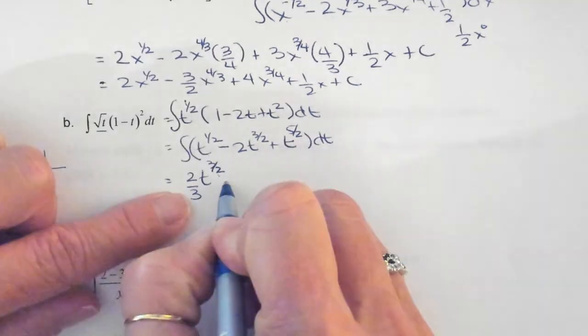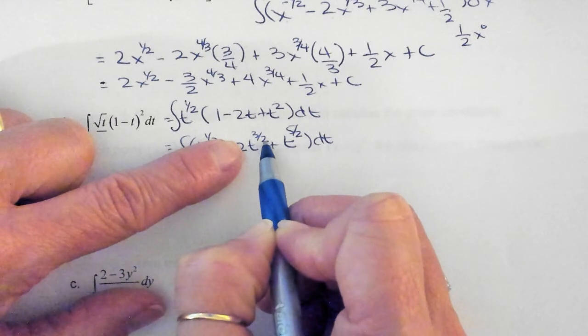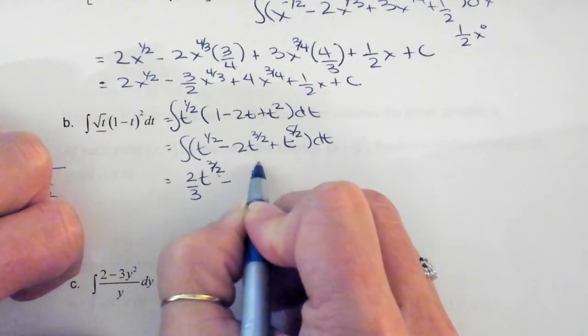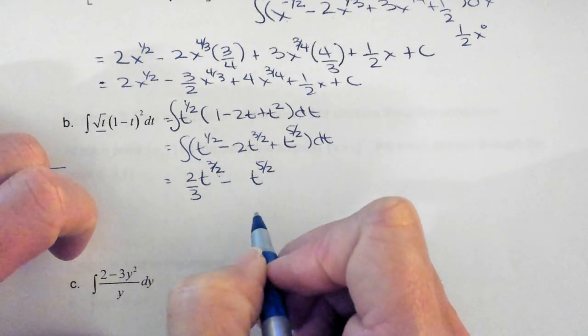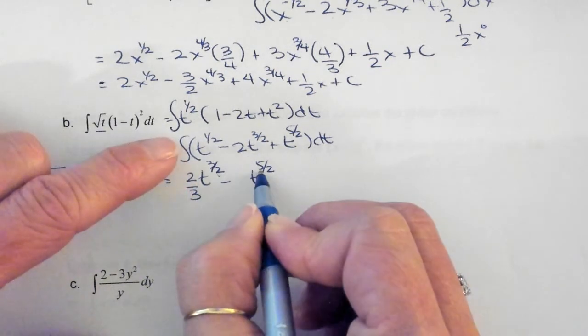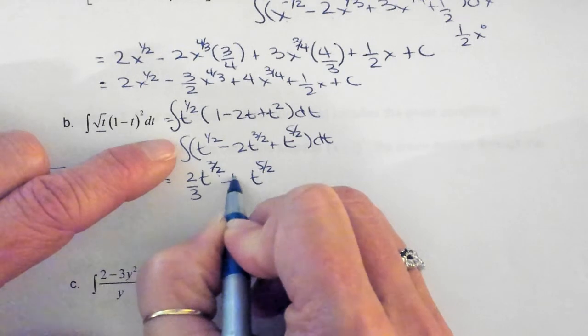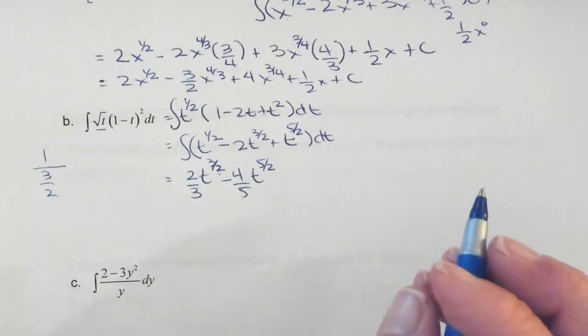Then this is minus, let's add. So what is that, 2 over 2? 5/2. So this is t to the 5/2. What am I going to multiply this 2 by? 2/5. So this is 4/5. But you see what I'm saying?